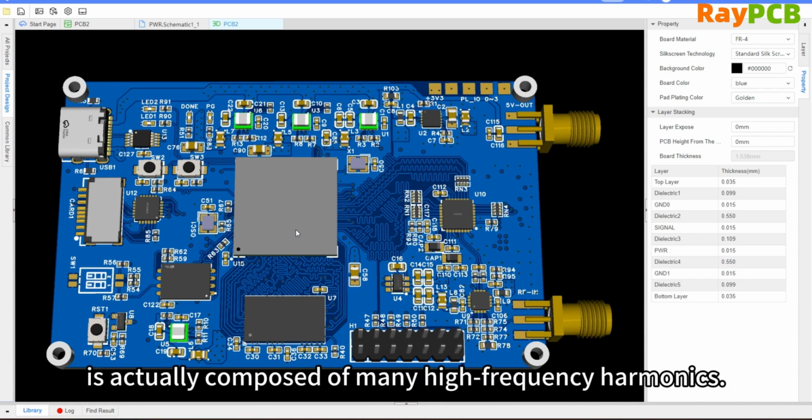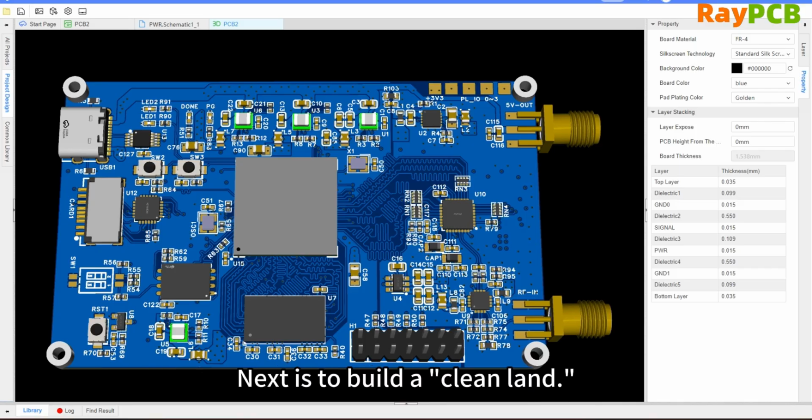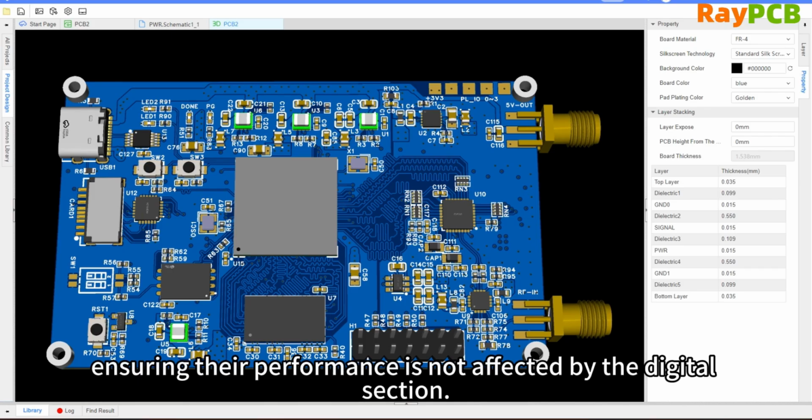Digital signals, as we can see, are actually composed of many high frequency components, which can be very disruptive to analog circuits. Lastly, it's about creating a clean base for the analog circuit, a relatively pure, noise-free environment to ensure its performance is not affected by the digital section.